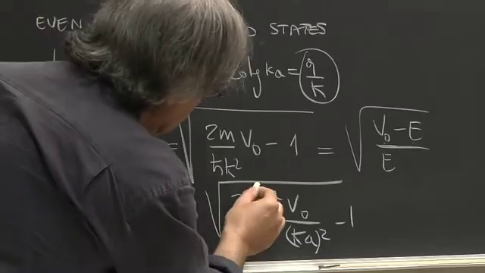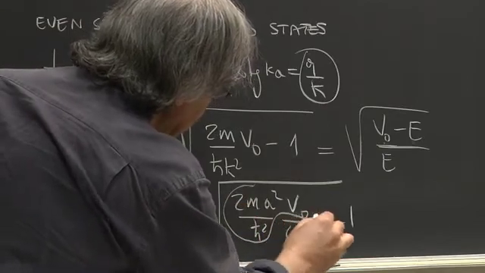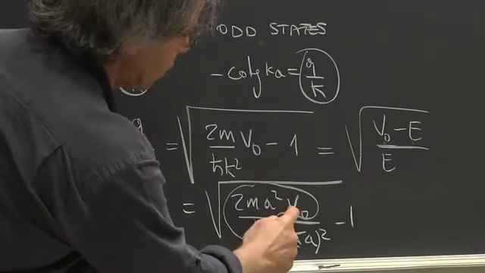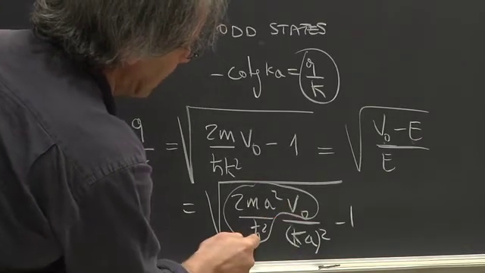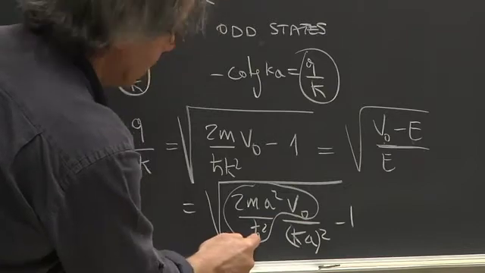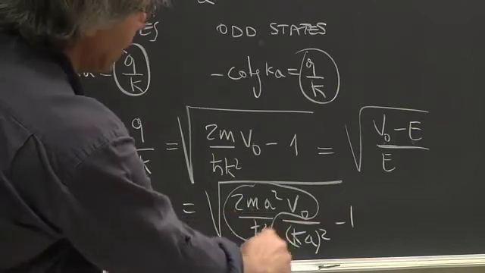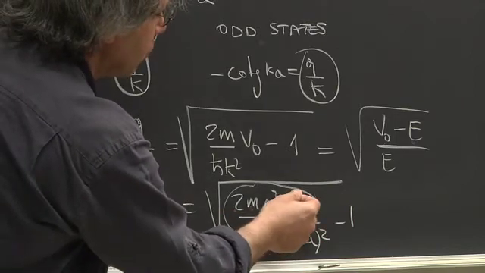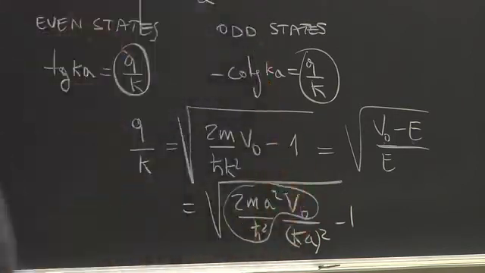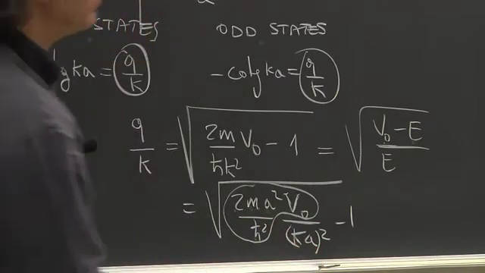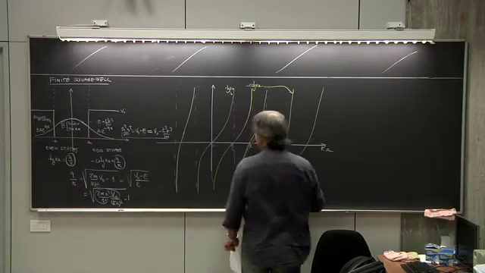Now this object here, you see, has the dimension of what? Nothing. It's a number. It's a ratio of V0 divided by the confinement kinetic energy, h bar squared over 2m a squared. So this is a dimensionless value for the height of the potential. Ka is, in fact, also a number, which is my scale here.